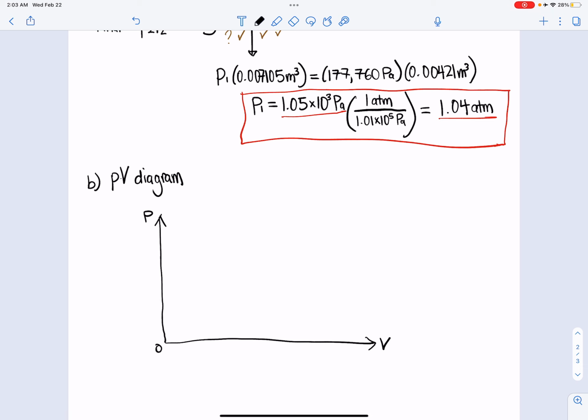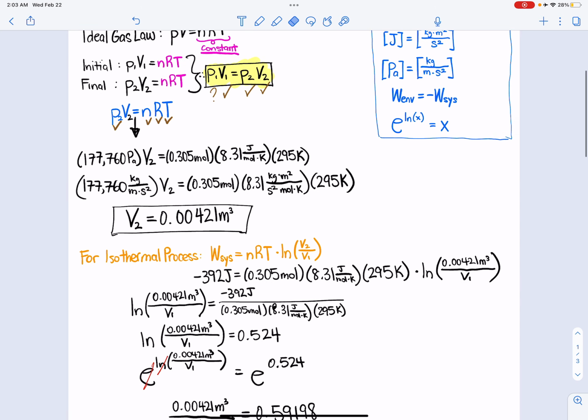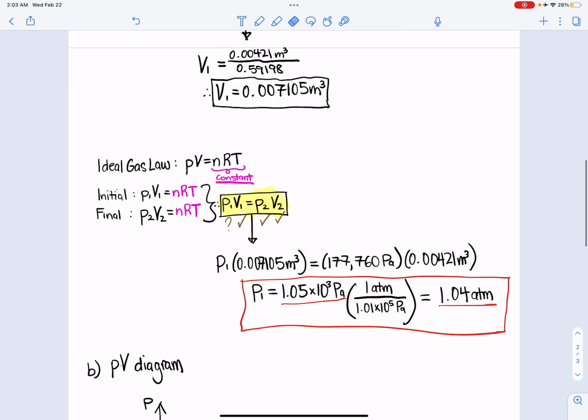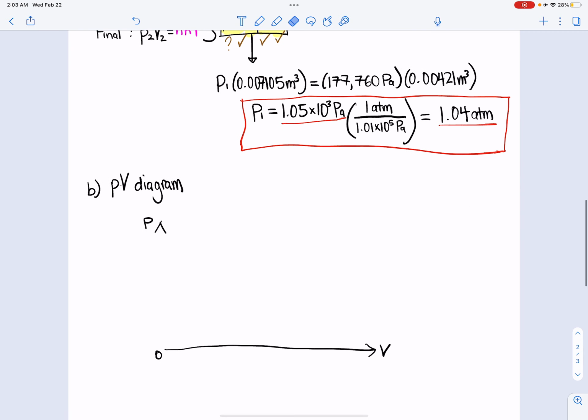All right, it's just 0. All right, what is our initial pressure? 1.04 ATM, and final pressure is 1.76 ATM. So, oops. Initial pressure is 1.04 ATM. P1 equals 1.04 ATM. And P2 is equal to, it was given as 1.76 ATM.